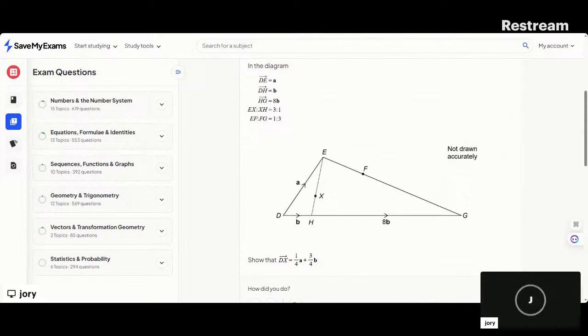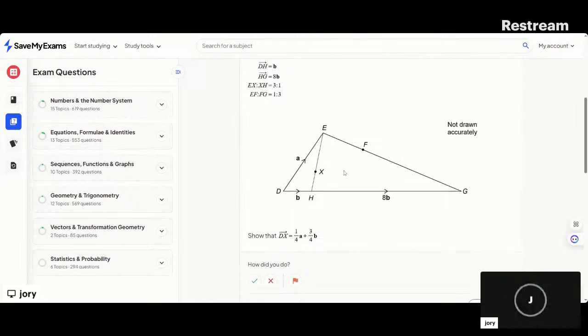Okay, so we have 1A minus 3/4 of A. So 1 minus 3/4 is 1/4. So you have a quarter A, A/4, which is a quarter A plus 3/4 of B. I showed that.